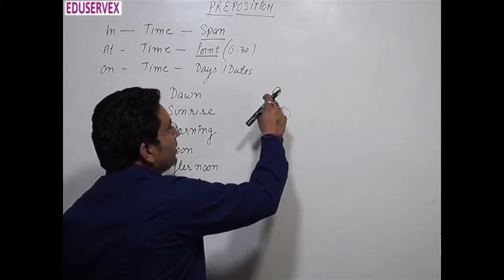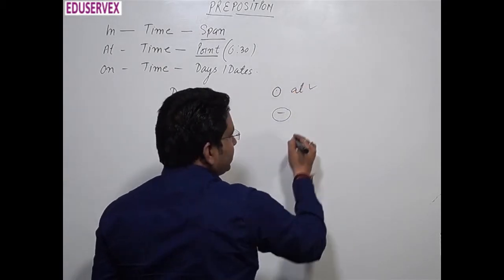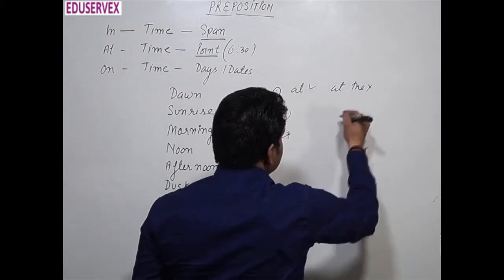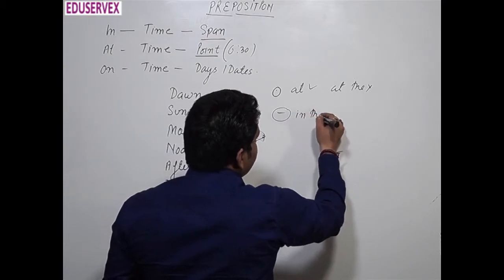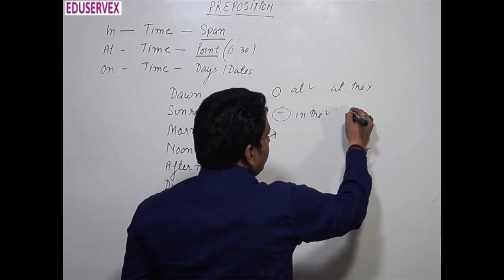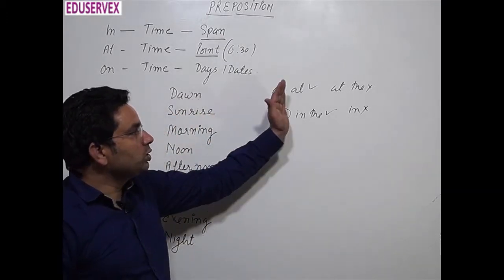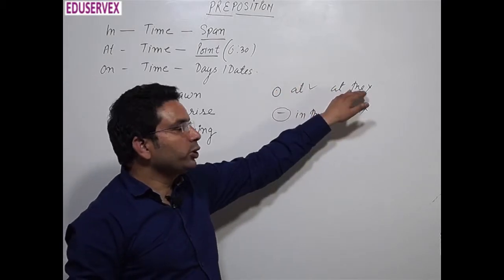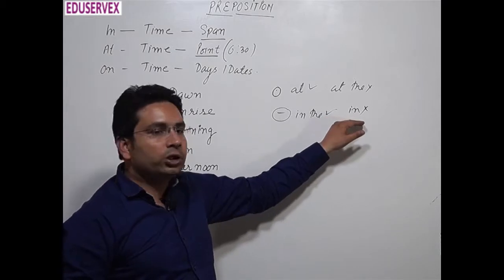So if your time is addressed by a point, the answer should be at, and we can't say at the. And if there is a span, the answer should be in the, but we can't say in. Okay, so these are your do's and don'ts here.